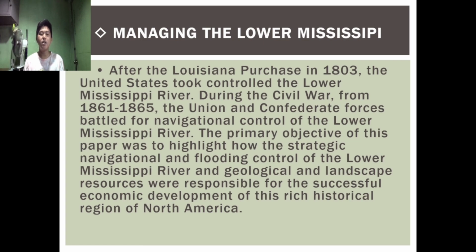During the Civil War, from 1861 to 1865, the Union and the Confederate forces battled for navigational control of the lower Mississippi River. The primary objective of this paper was to highlight how the strategic, navigational, and flooding control of the lower Mississippi River and geological and landscape resources were responsible for the successful economic development of this rich historical region of North America.